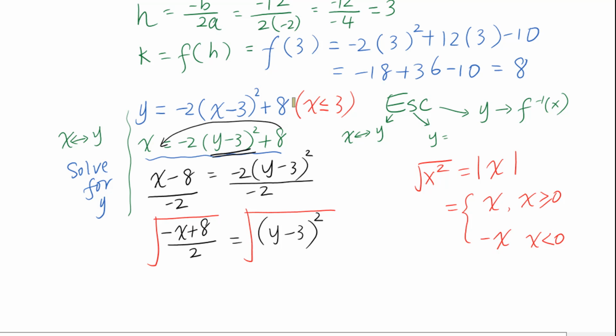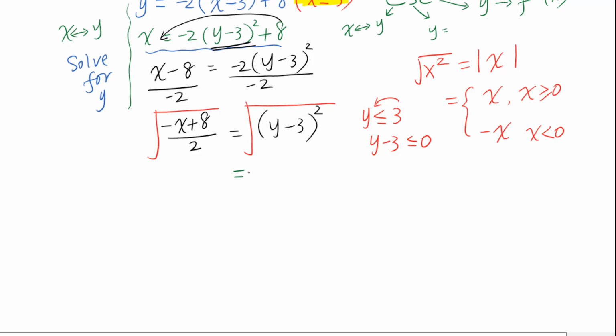We know the domain is x less than or equal to 3, and since we switch x, y, therefore y is less than or equal to 3. Cross the river, change sign, you will get y minus 3 less than or equal to 0. So we will get the absolute value of y minus 3.